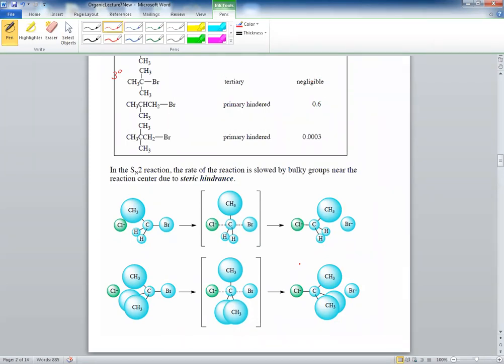The nucleophile has to do a backside attack. And here's Cl, that's going to be your nucleophile. So Cl has to find a way to get in and kick the Br out.